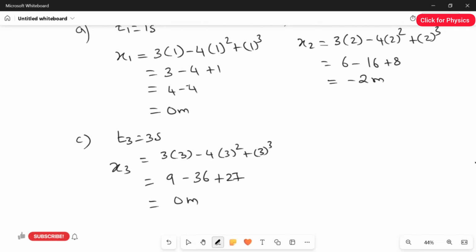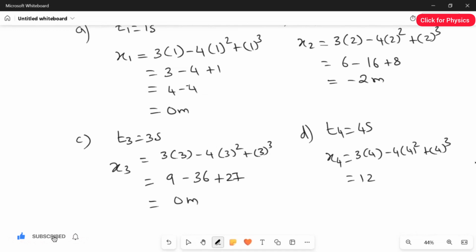Now we have to go for our fourth part, which is D. At a time t4, which is equal to 4 second, again I have to do the same thing by using that equation. This time x4 is equal to 3 multiplied by 4 minus 4 multiplied by 4 square plus 4 power cube. So here we got 12, and here we got 4 multiplied by 16, which is 64, and then 4 power cube is 64, that is plus 64.